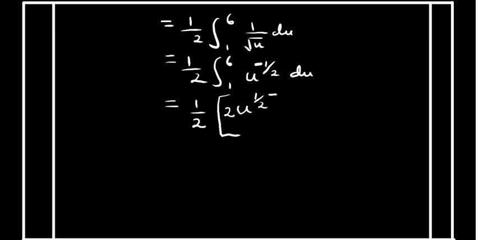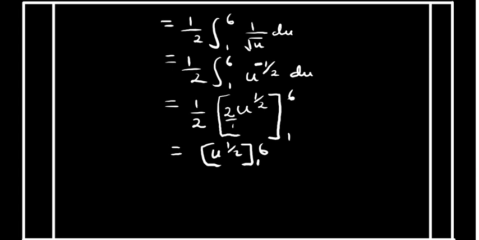Of course it will be 2 over 1, which is the same as 2. So the limits are 1 to 6. And these are limits of u, remember. So this 2 being a constant can also come out and cancel with this. No problem with that. So that will remain with u power half with our limits 1 to 6.